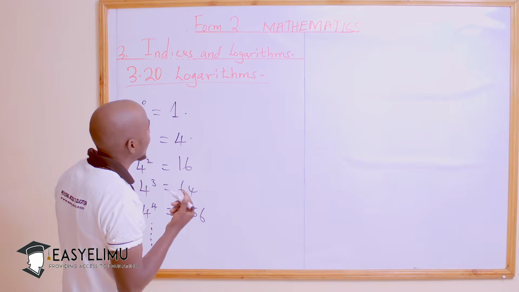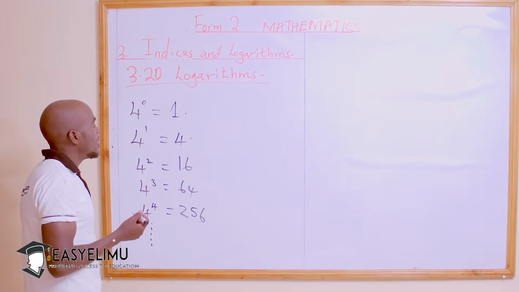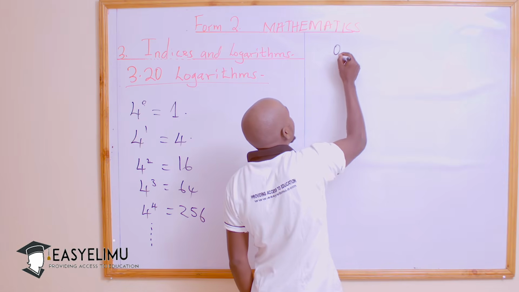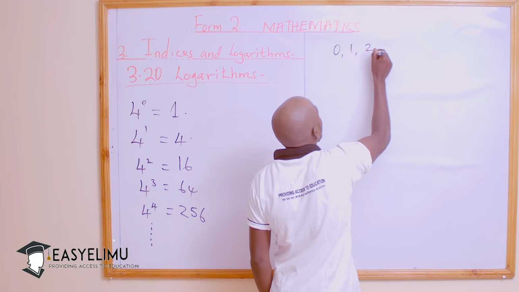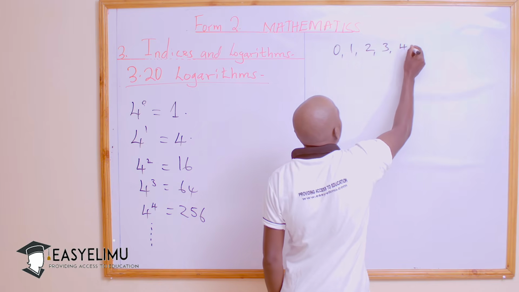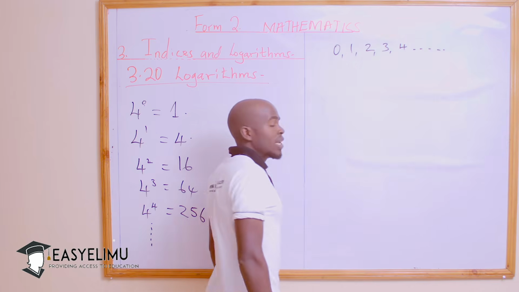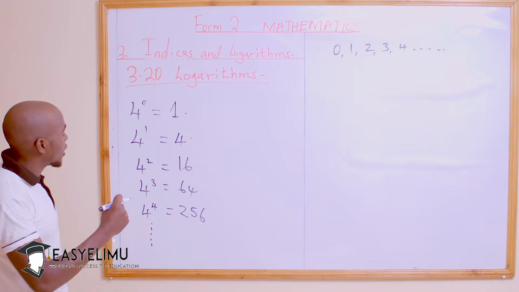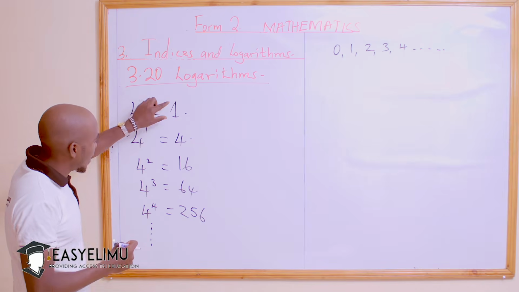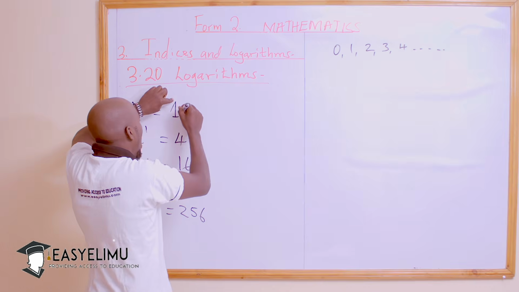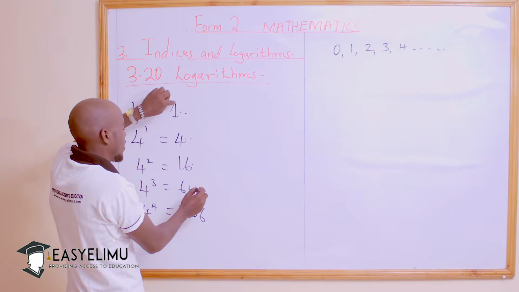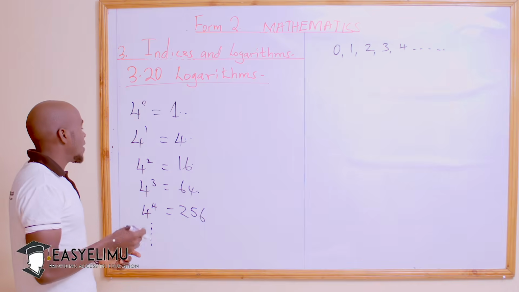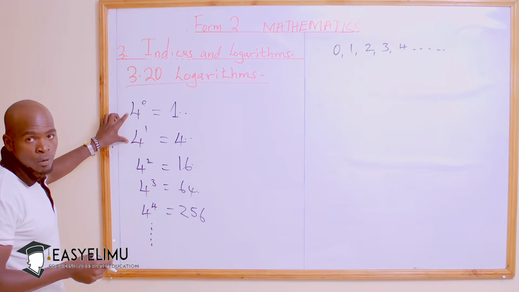Now, logarithm here just means the indices 0, 1, 2, 3, 4, up to the endless, are the logarithms of the corresponding numbers, and the numbers I'm referring to are 1, 4, 16, 64, 256, endless, to the base of 4.